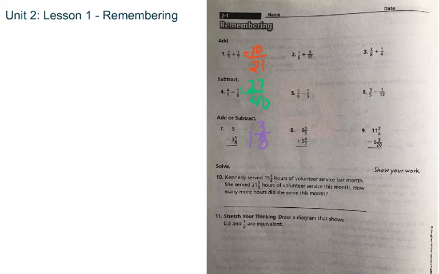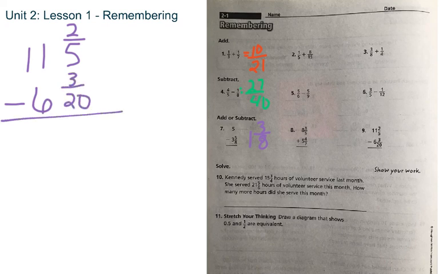Let's go ahead and look at number 9. We have 11 and 2/5, and from that we are subtracting 6 and 3/20. Okay, this is another case where we can't actually just do the subtraction because we have to get a common denominator.